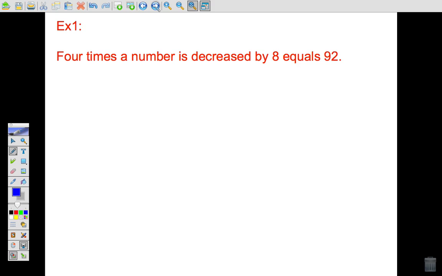Then once you've written it down, I want you to underline your key words. 4 times the number is decreased by 8 equals 92. Now this one's a little deceptive because you have the word is, but then over to the right you have the word equals.